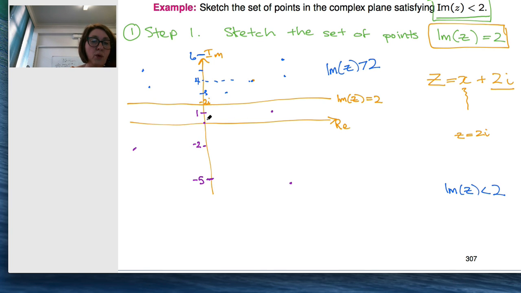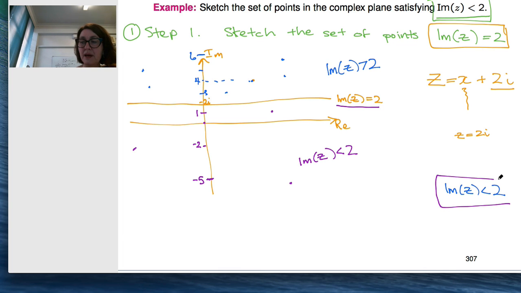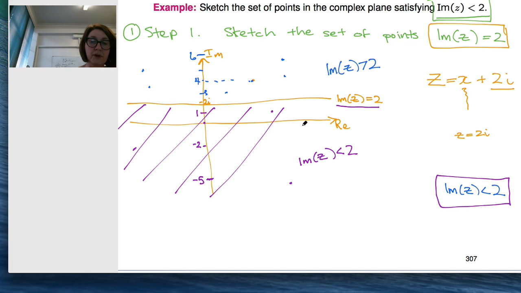So if you think about all the complex numbers that are below that line, imaginary part of z equals 2, then it looks like they'll all have imaginary part less than 2. And in fact, that's the case. If we're thinking about the imaginary part of z being less than 2, then all those numbers lie below that horizontal line that I've drawn.